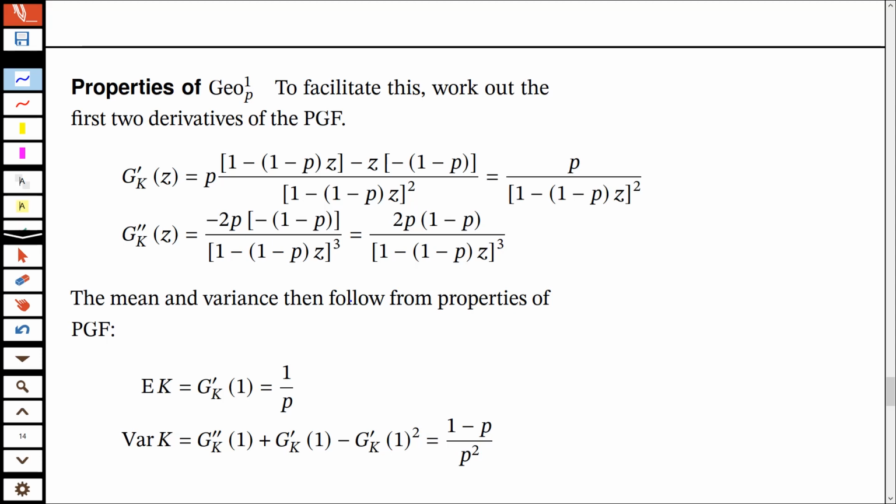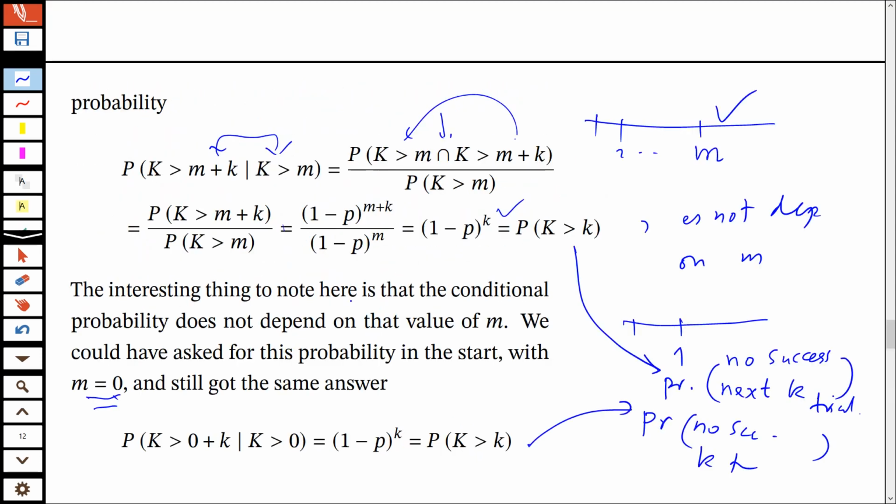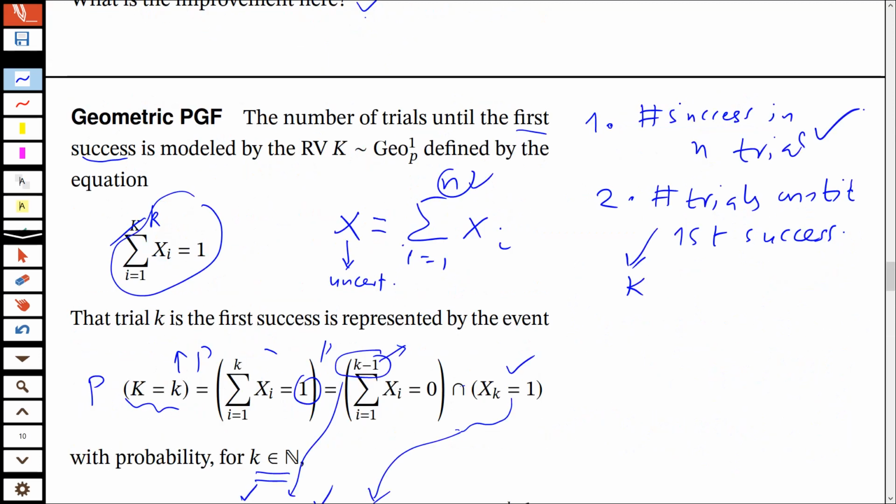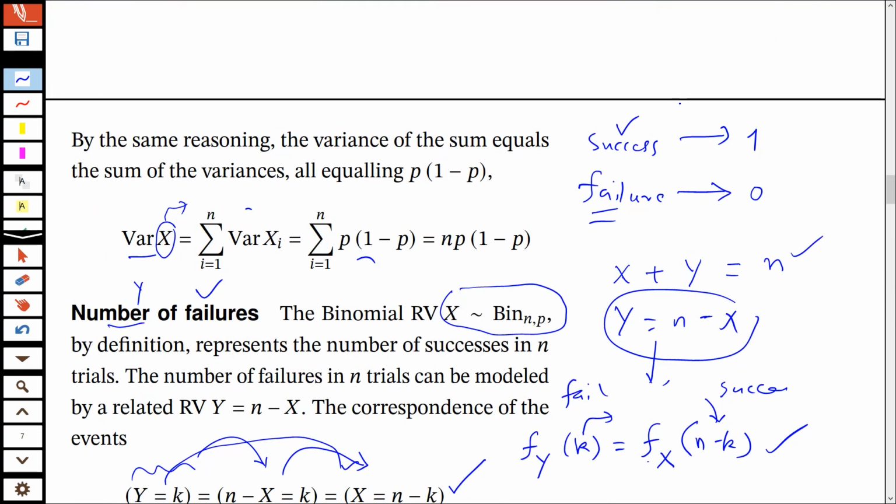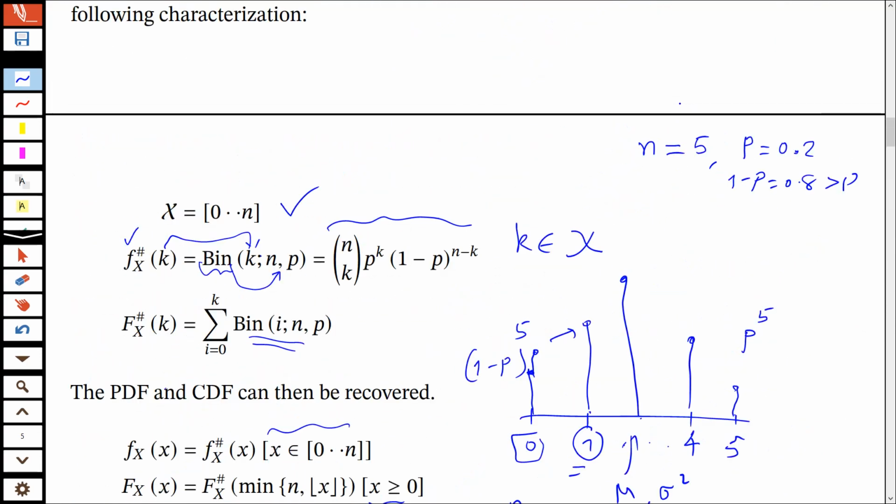A question that should come into your mind is that if we repeat this for the binomial distribution, we will not see this. Because in the binomial distribution, the number of trials is fixed, and as we discussed there, because the number of trials is fixed, the peak of the distribution is somewhere in the middle.